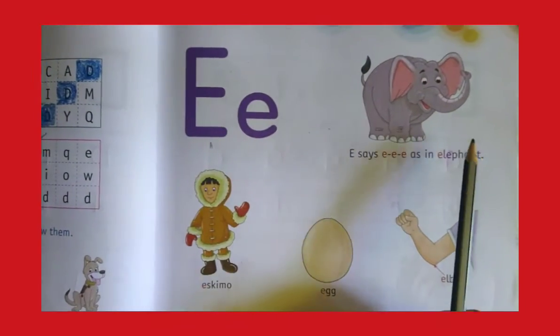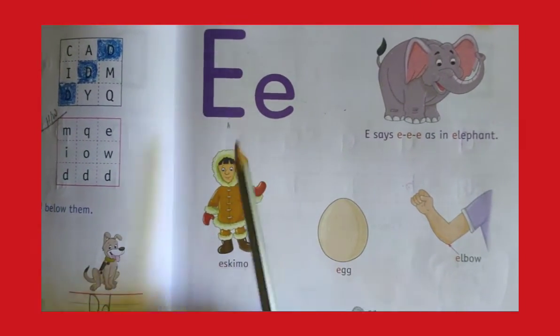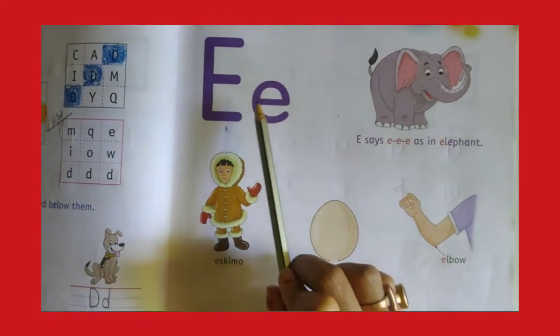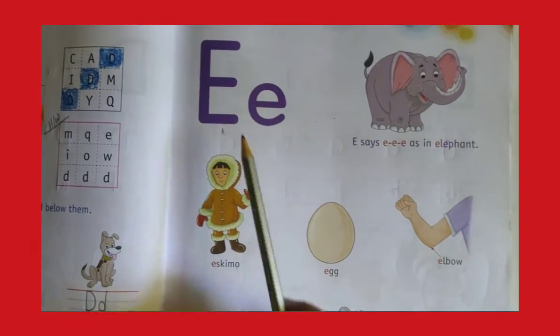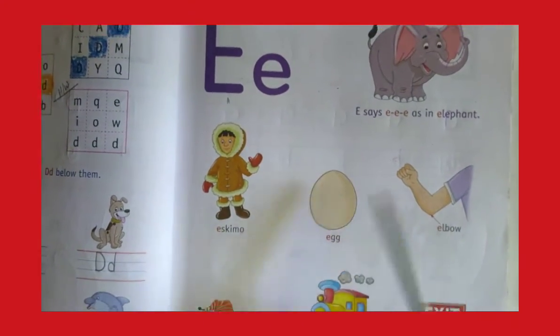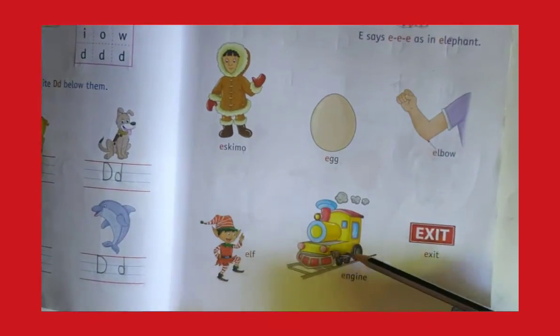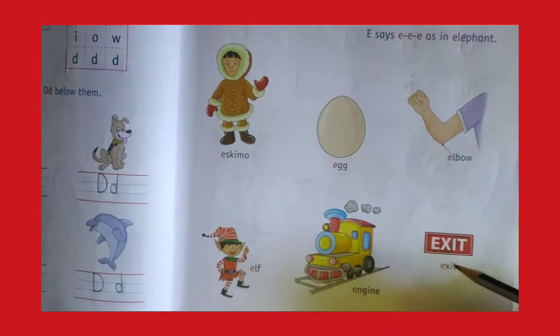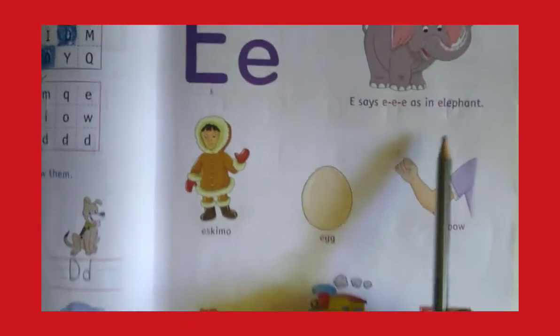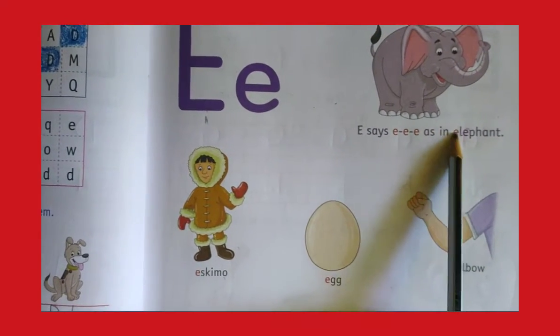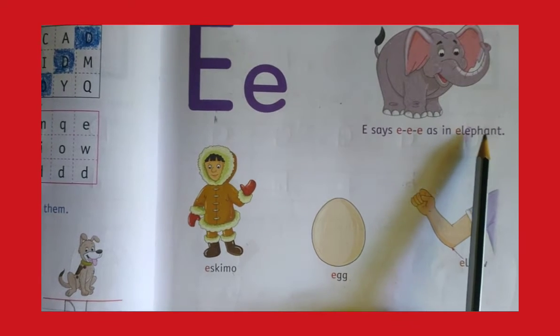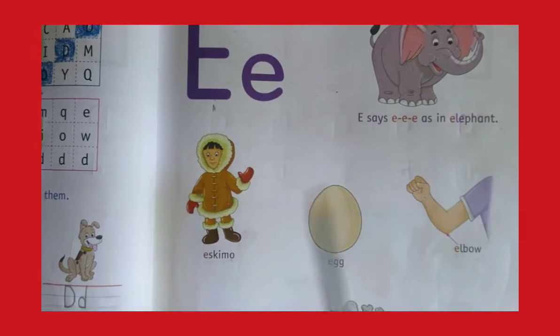E for elephant. E for Eskimo. E for egg. E for elbow. E for elf. E for engine. E for exit. Okay. Elephant spelling, ELEPHANT, elephant.